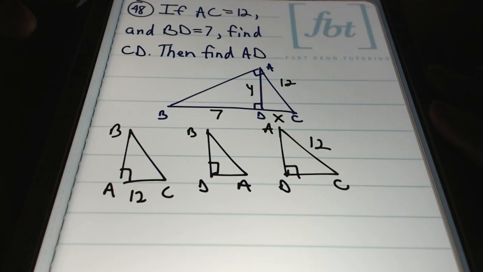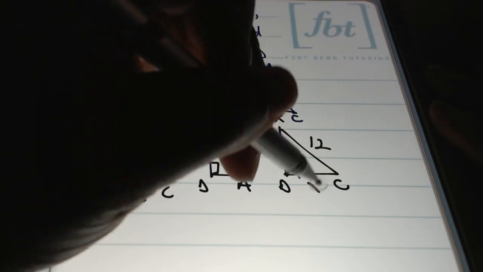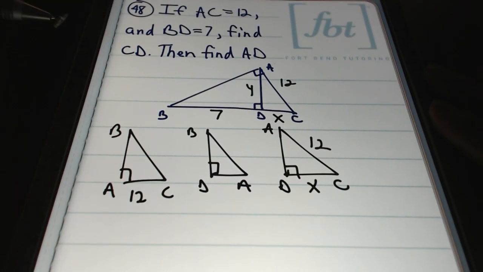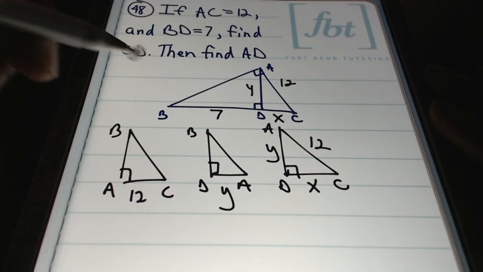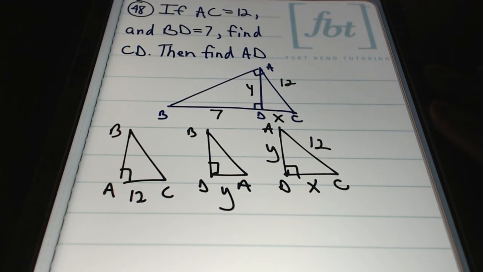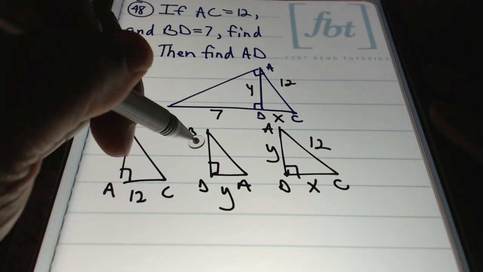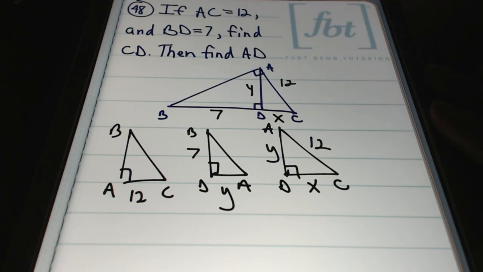Every time we see DC, that value is X. Every time we see AD, that value is Y. And every time we see BD, that value is 7. All right. So this is what we have thus far, guys.